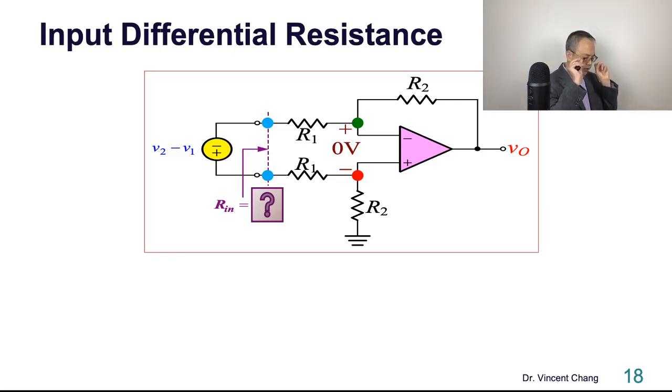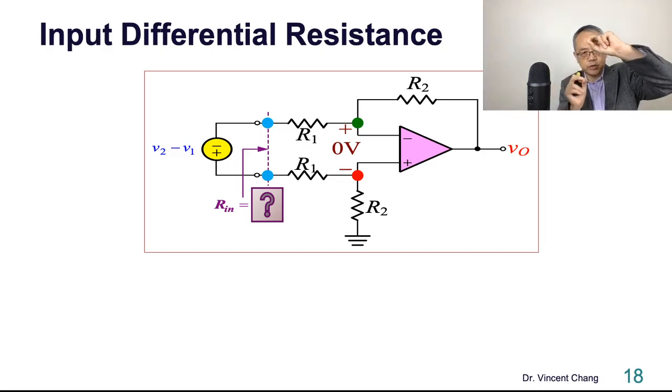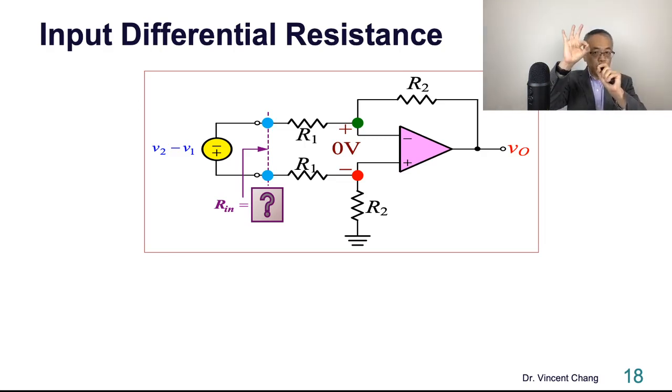In other words, the resistance seen by the differential source input signal. The input resistance between the two blue input nodes seen by the input differential source.